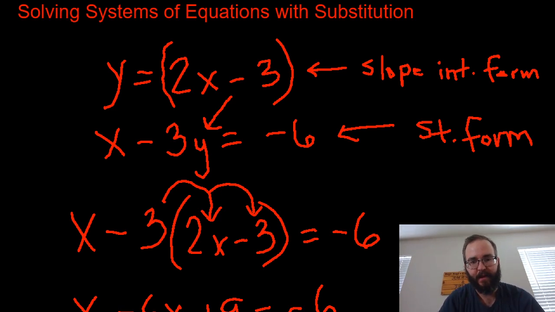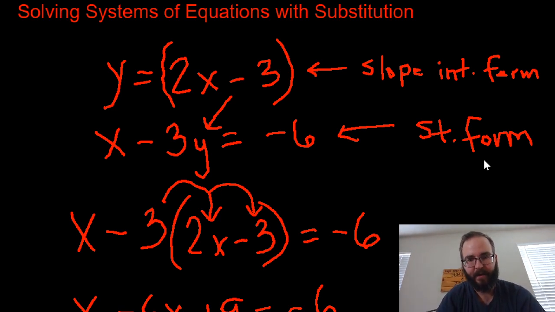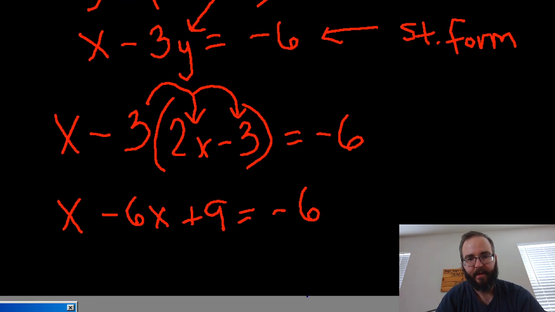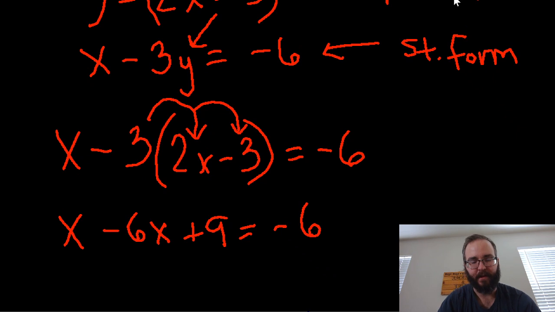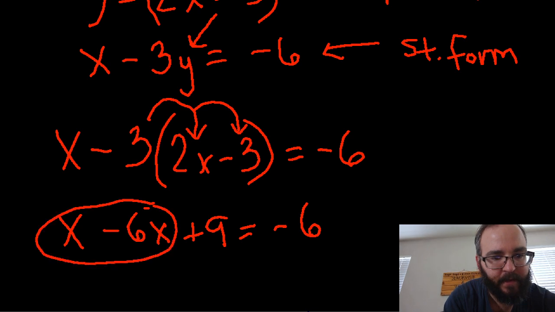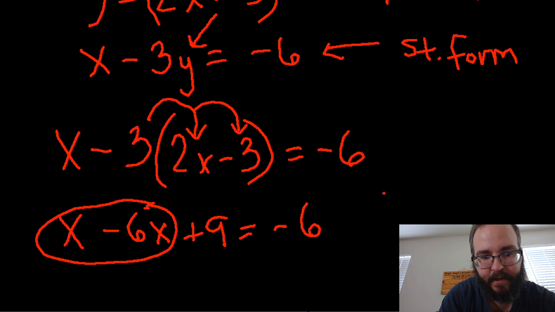Okay, well, let's go ahead and scroll down a bit if we can. Here we go. And we're going to go ahead and combine our like terms right here to get ourselves -5x.